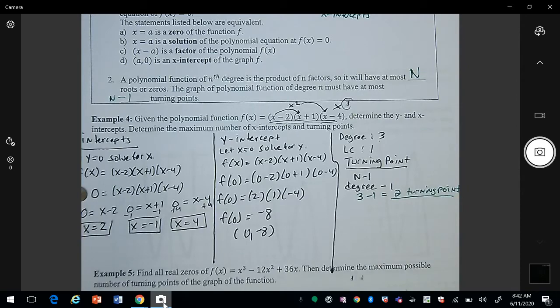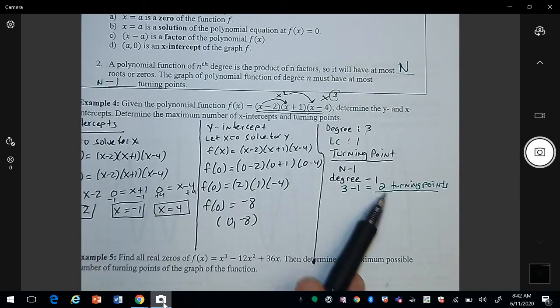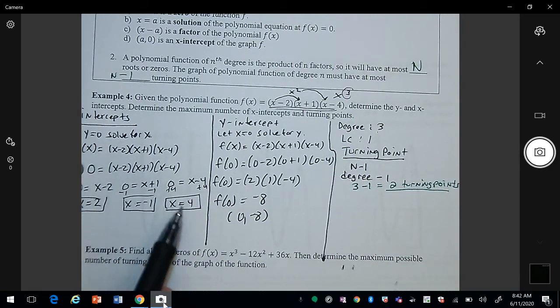So it's going to have at most 2 turning points. It could have 1 turning point, anything less than or equal to 2. The number of zeros was 3: 1, 2, 3. Notice the degree is 3, so we should have had 3 zeros, which we do.